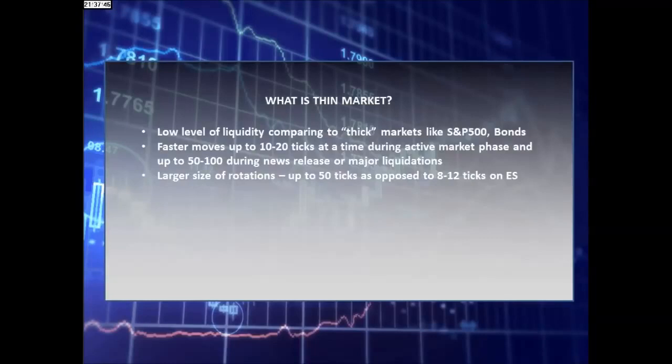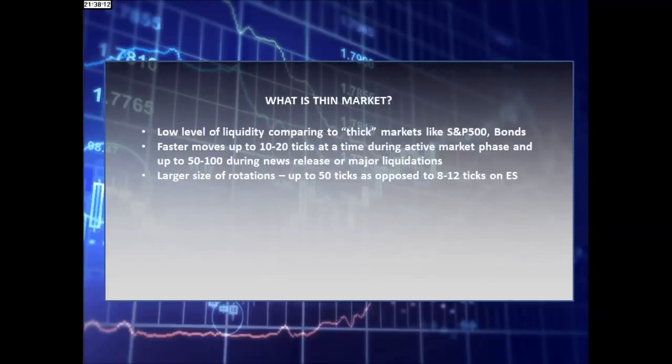Faster moves is a second characteristic distinguishing thin markets from thick markets, and you should see a burst of order flow, 10 to 20 ticks at a time instead of 2-3 ticks during active market phase, up to 50 to 100 ticks during news release or major liquidations.